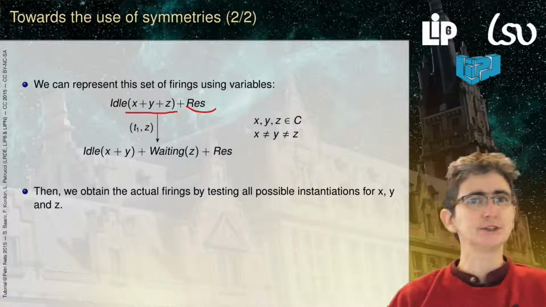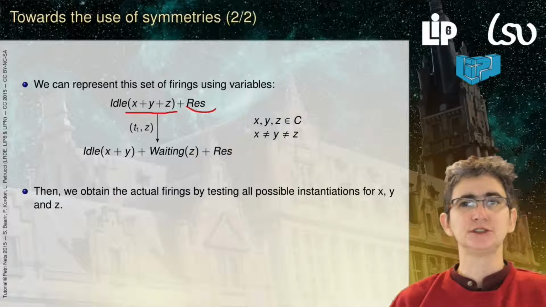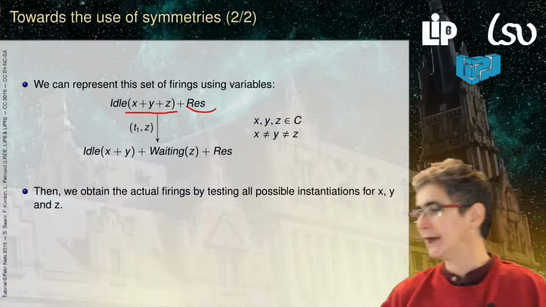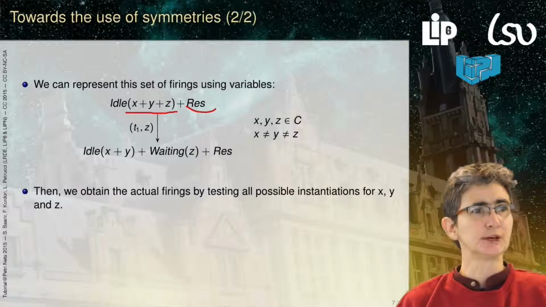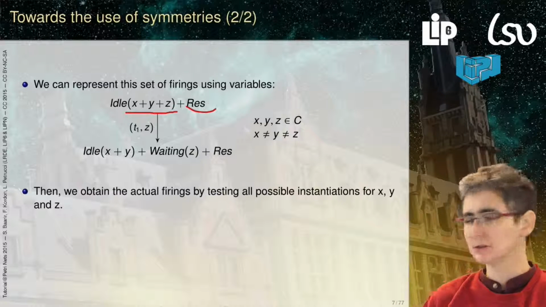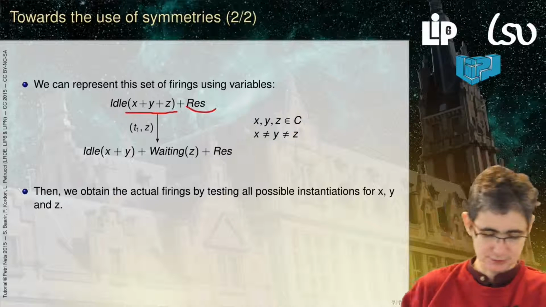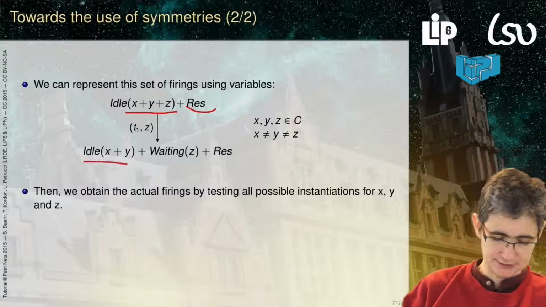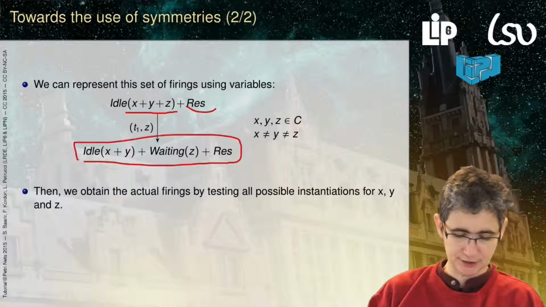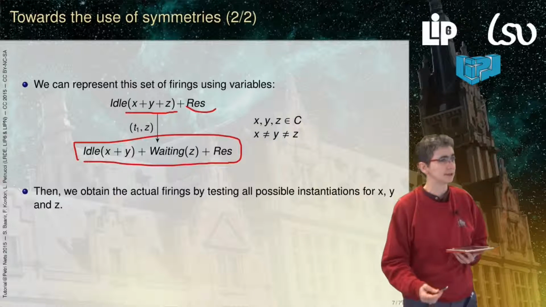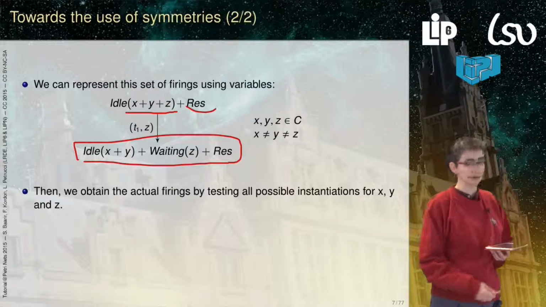Then from such a marking, we can fire transition T1 with one of the variables, for example z, and we obtain x and y still remaining in idle, and z going to place waiting, and the resource res still there. So that gives this new marking. And you can see that whatever the value of x, y, and z, you can apply this.